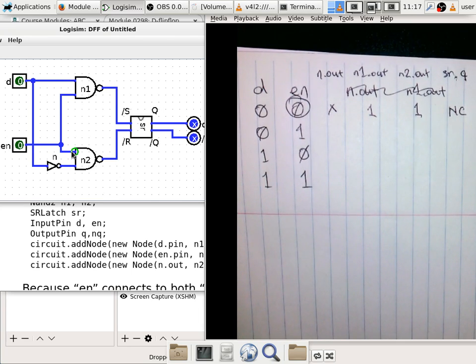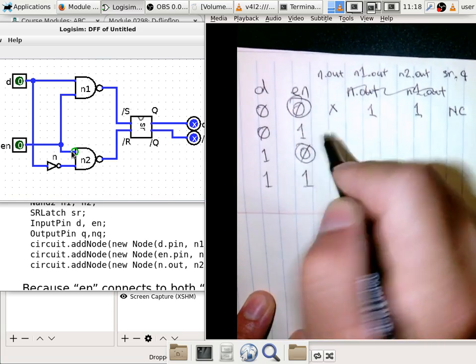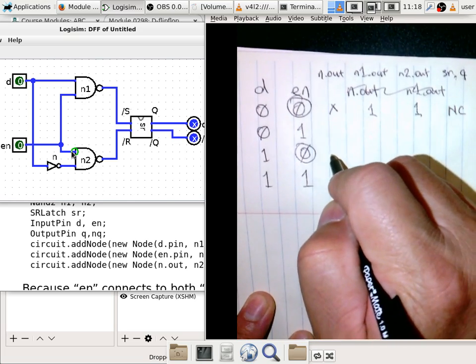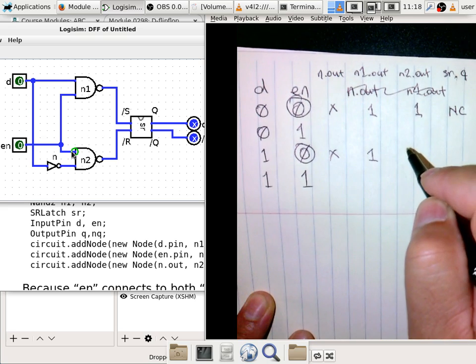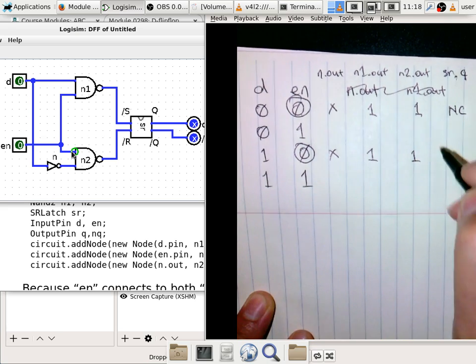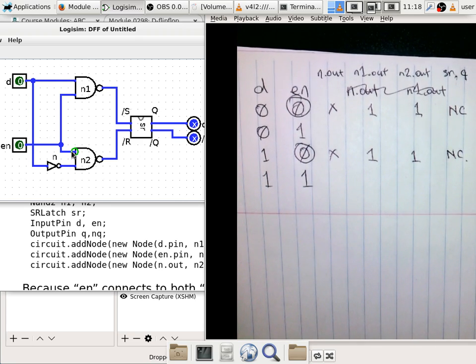Okay? And that applies to this one too, because it's the same scenario. N.out, I don't even care, because we know for sure that N1.out and N2.out are both 1s, and as a result, there's no change to the output of the SR latch. Is that okay?